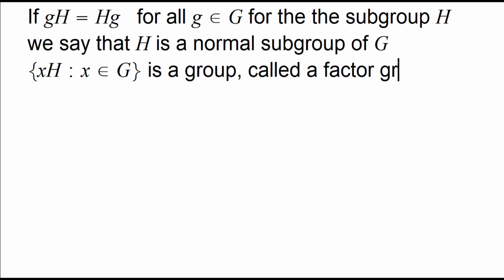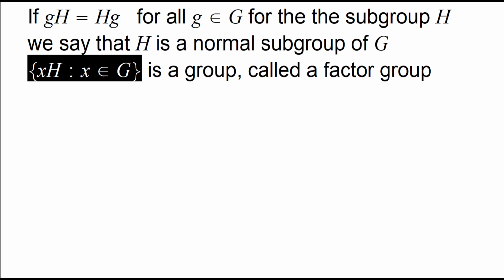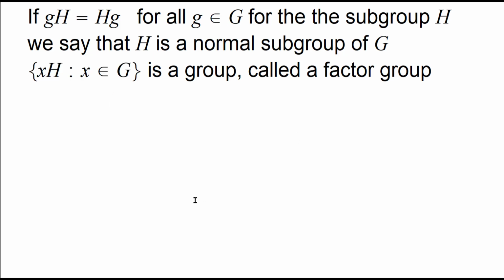And remember, if you recall when we discussed Lagrange's theorem, that if G is finite, of course, then H will be finite, then the order of this group was the order of G divided by the order of H. So it's called the factor group, and it's denoted G by H, the factor group of G by the subgroup H.